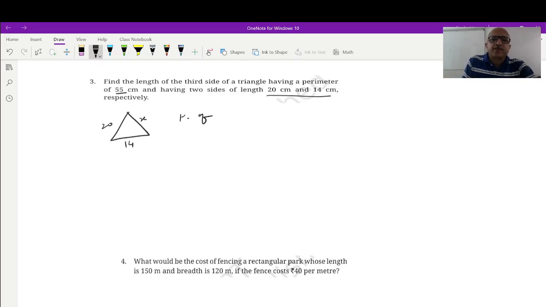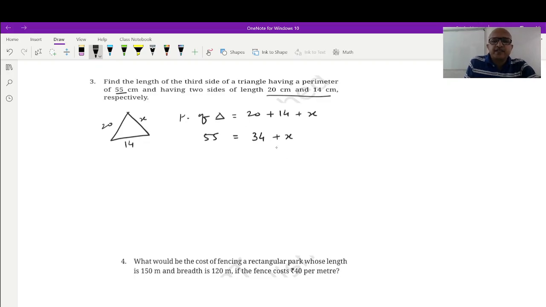So the perimeter of the triangle is equal to 20 plus 14 plus x. x is an unknown. For this one, the side measurement is not given, so we are assuming it is x. The perimeter is given, so below the perimeter we'll write 55. Then the length of the two sides, 20 and 14, is 34 plus x.